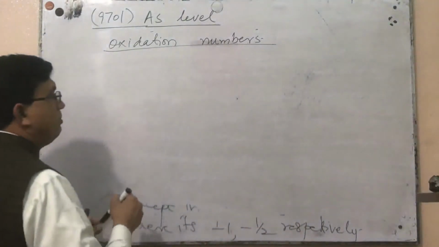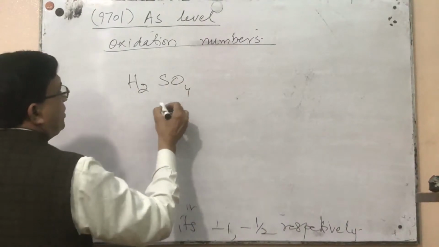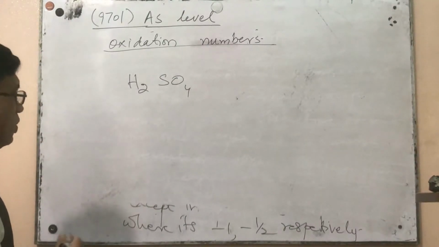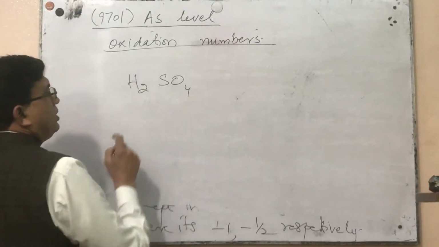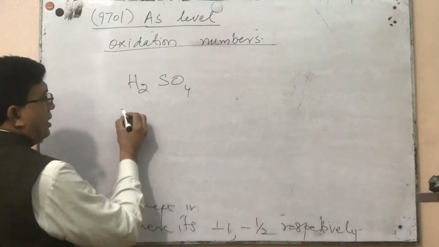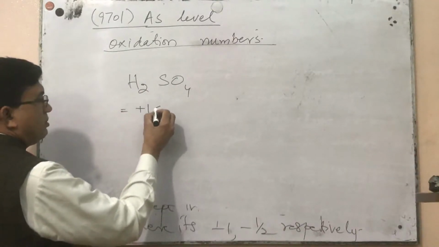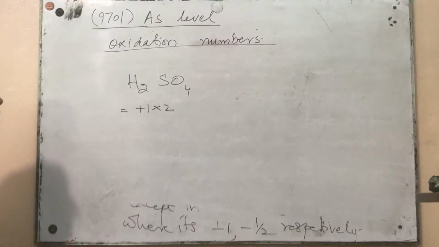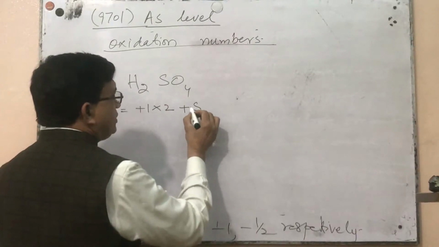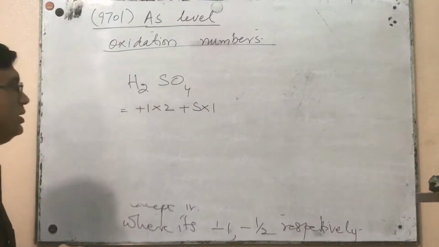For example, if we have to find out the oxidation state of sulfur in sulfuric acid, according to the rule, as 2 hydrogens are there, the oxidation state is multiplied by the number of atoms present. Oxidation state is +1 multiplied by 2. Then the oxidation state of sulfur, which we have to calculate, multiplied by 1, the number of atoms is 1.